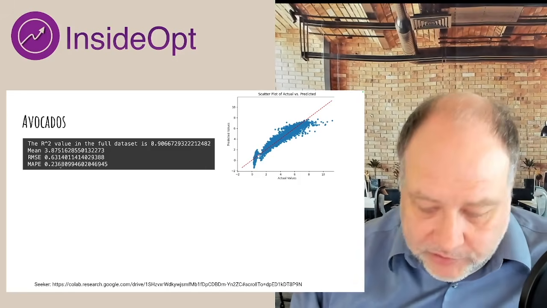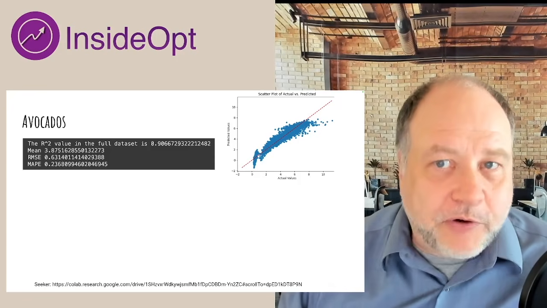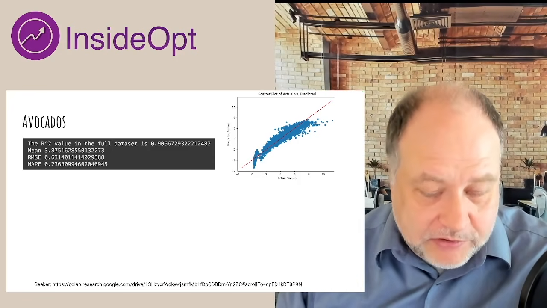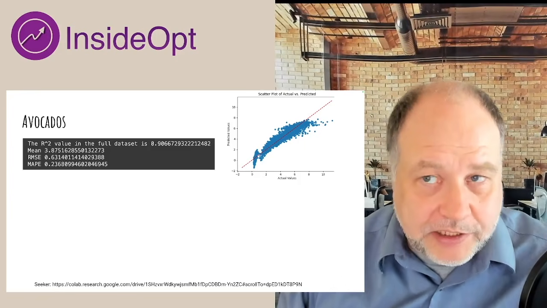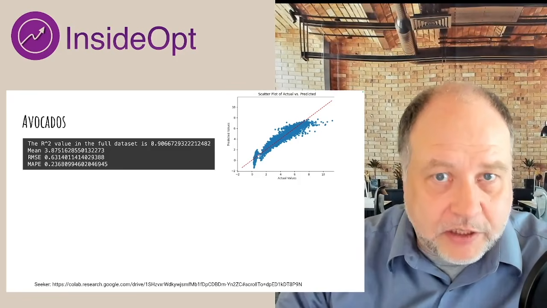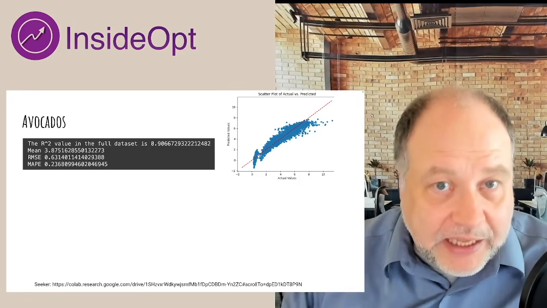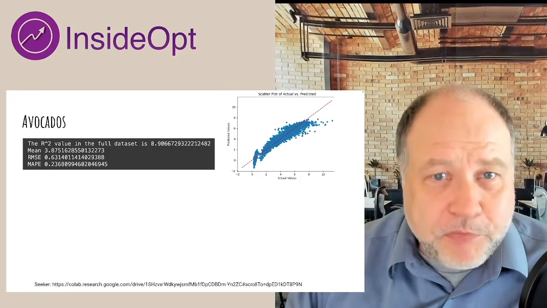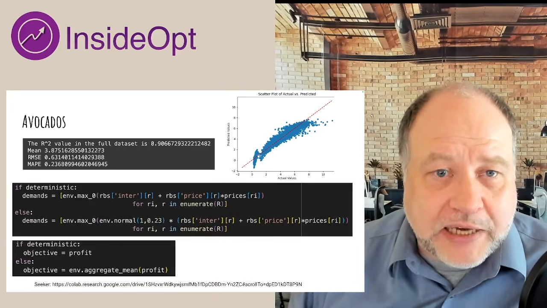And now, here's the next thing that I want to highlight. If we take the deterministic model of allocating the avocados, so how much we distribute to each area and what price we're going to take, and turn it into a stochastic model, there are only two lines that we need to add to this problem.